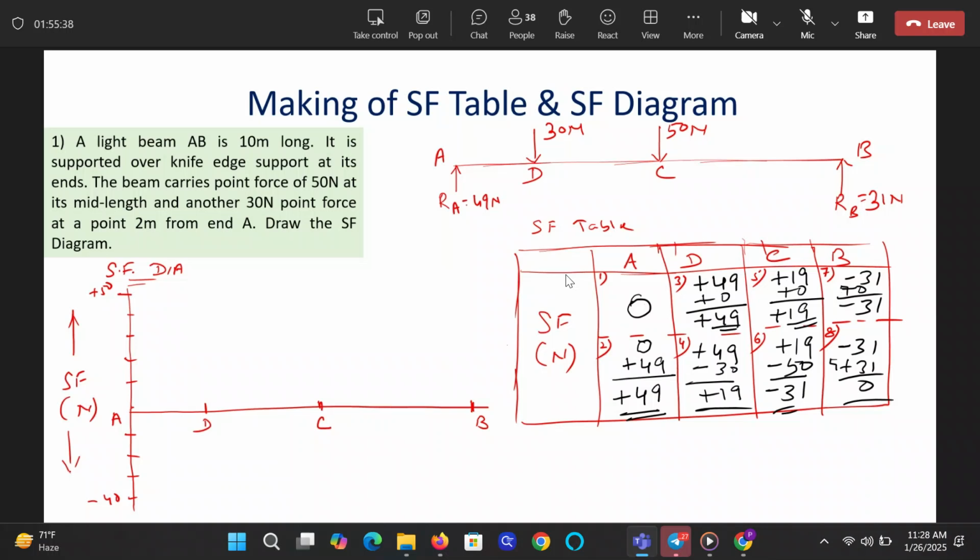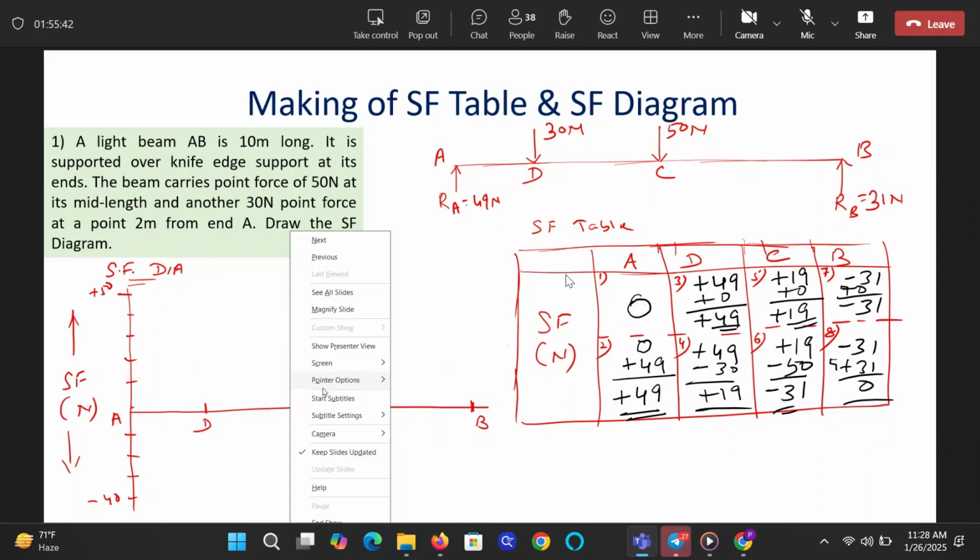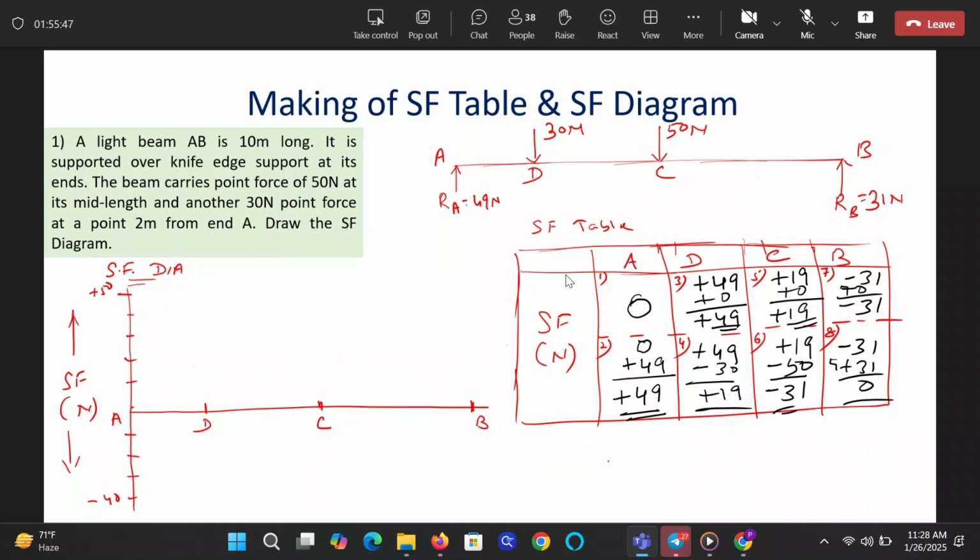Now, guys, you can see the cells which I have numbered. You will join these points. So at A, it goes from 0 to plus 49. Then it remains plus 49 up to D, you see, from here.